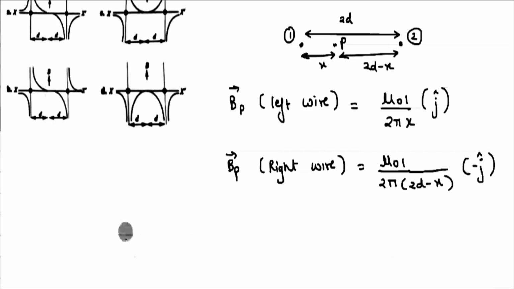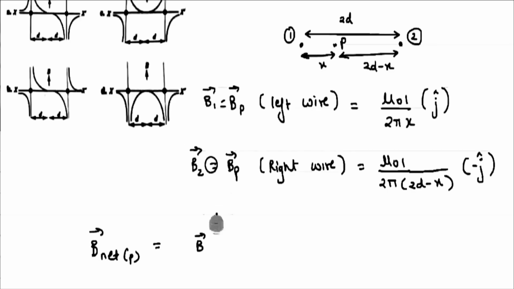So the net magnetic field at point P, B net at point P, can be given as B due to left, let's suppose it to be B1, and B due to right, B2, to avoid the confusion.